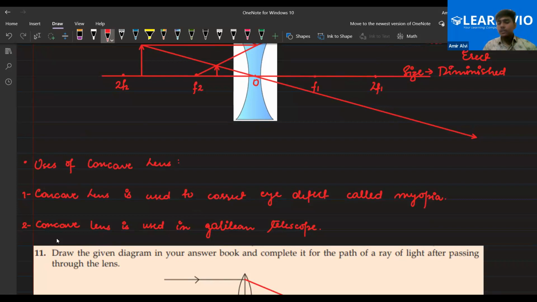And concave lens is used in the Galilean telescope. It's a type of telescope used to see terrestrial objects. That's why concave lens is used. Am I clear to all of you? Please let me know, everyone. Yes, sir. Is there anyone who is having doubt? No, sir. Okay, that's great.